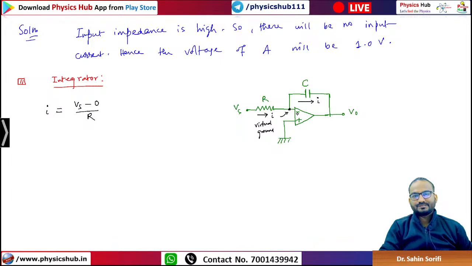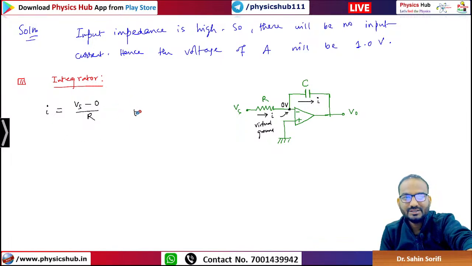Can I write it? Because you have C, you need to write it in such a way that you can correlate with I. I is equal to dq by dt, the rate of flow of charge. Because we do not know a direct relationship the way we know it for voltage, we have to express it so that we can put the value of C. So I is dq by dt.